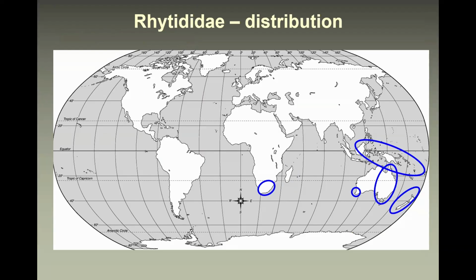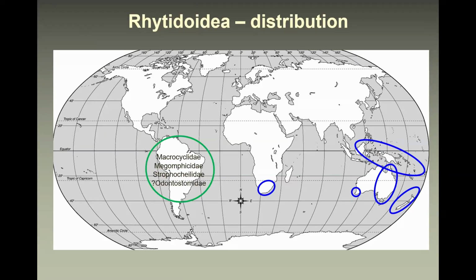Now, I hear you say, you're talking Gondwana here. What's happening here? This was also part of Gondwana. Why have we not got any rhytidids over here? We can get around that by not looking at the Rhytididae, but by going up a level, to the Rhytidoidea, the superfamily, rather than the family. Then we see we've got three or four families of rhytidoidean snails in South America.